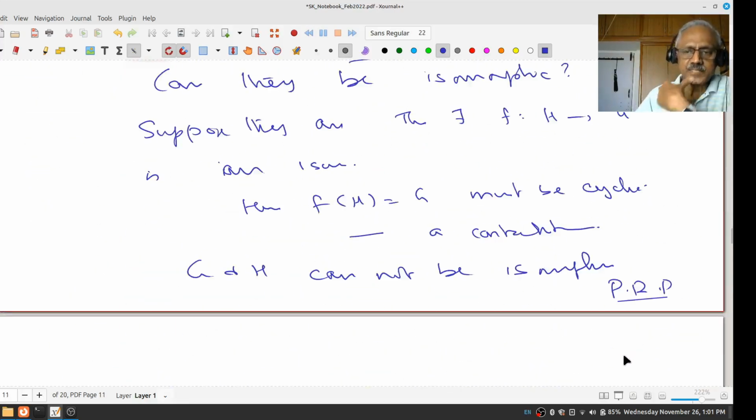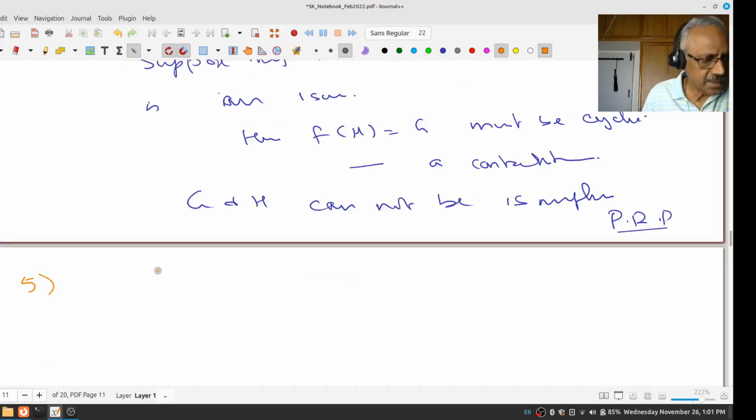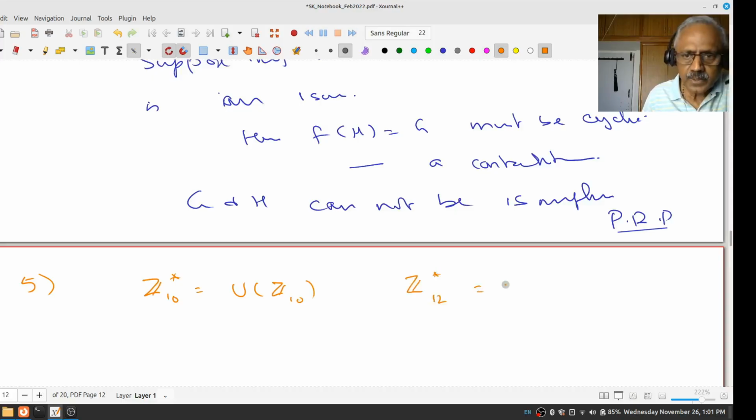Now let us make use of this to solve the next problem. Let us look at Z10 star, the units in Z10, and Z12 star, the units in Z12.